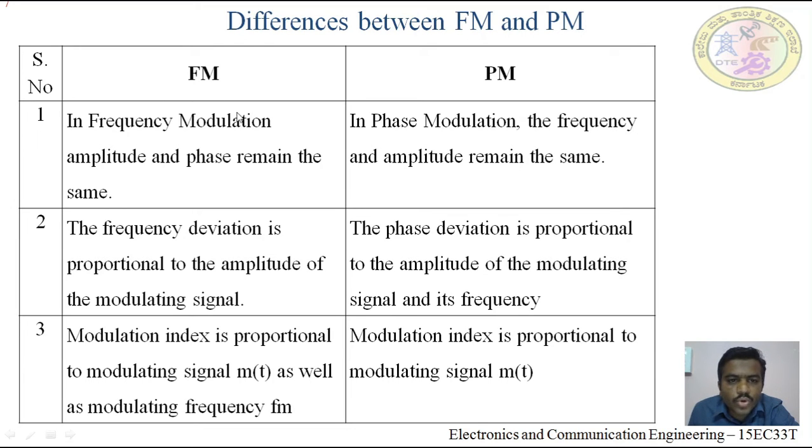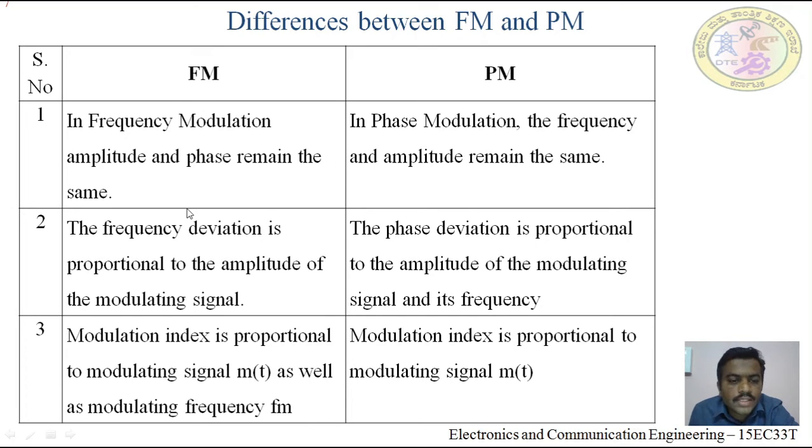In frequency modulation, the amplitude and phase of the carrier signal remain same, but the frequency of the carrier signal changes. In phase modulation, the frequency and amplitude remain same, but the phase of the carrier signal changes.